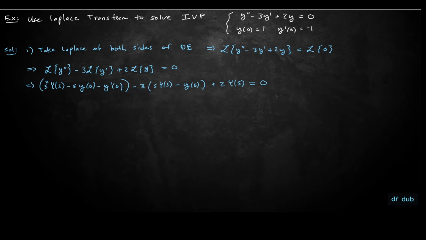Now we just distribute and collect like terms, plug in our initial conditions, and simplify. So we get s squared Y of s minus s times 1 minus negative 1 minus 3sY of s plus 3 times 1 plus 2 capital Y of s equals 0.